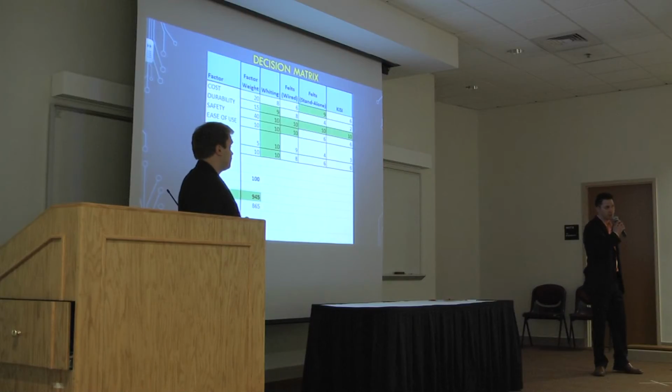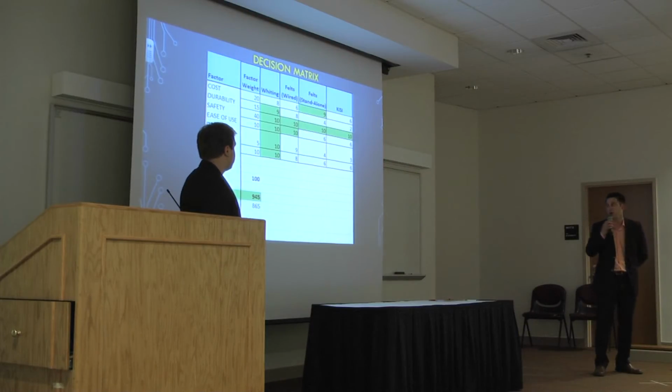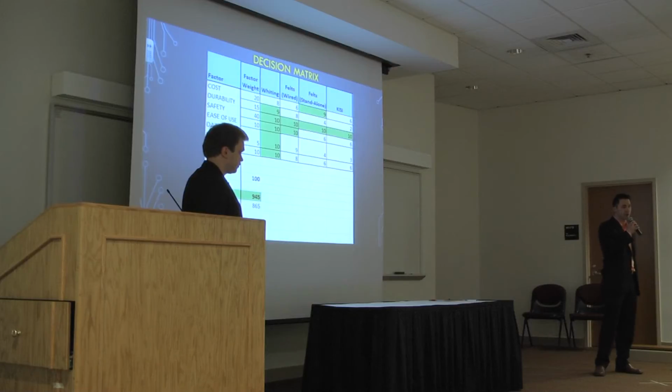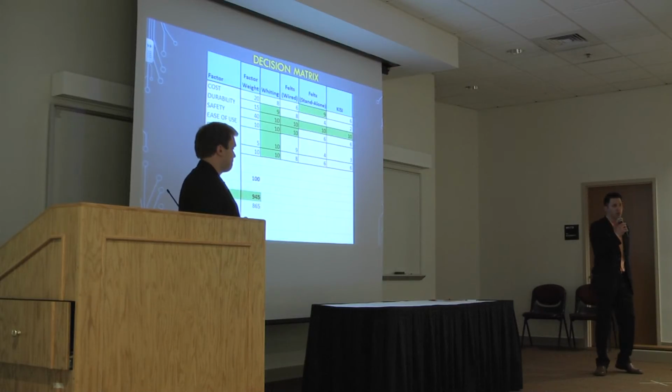With these proposals and the information we were able to gather after all of our research, we created the decision matrix to determine which option would be most viable. We weighted the factors, the most important being safety. Cost and durability are up there as well and are important.